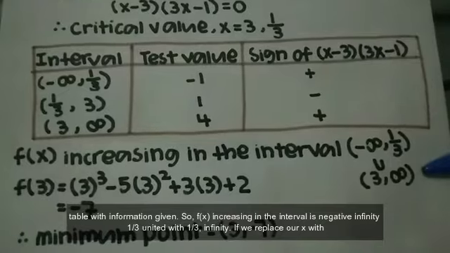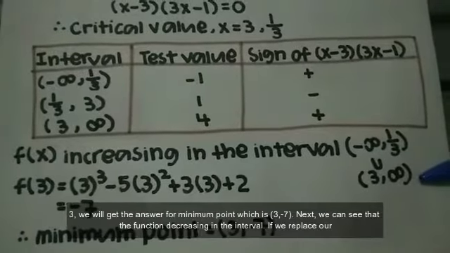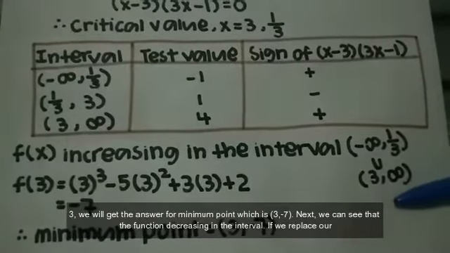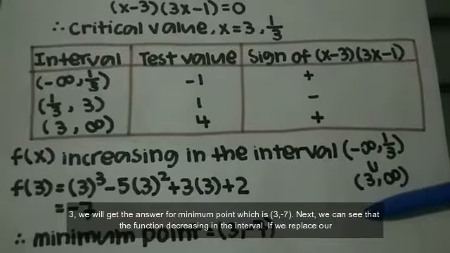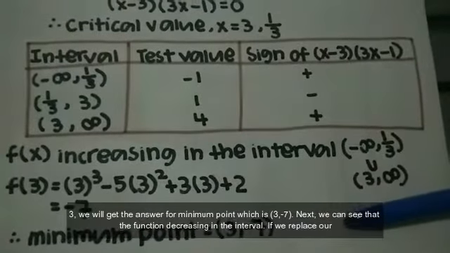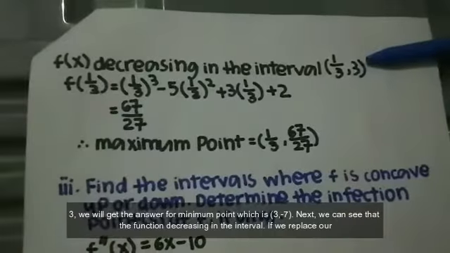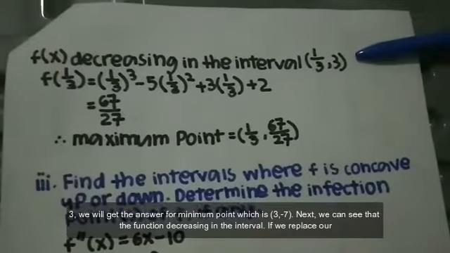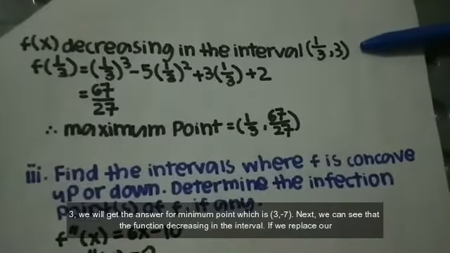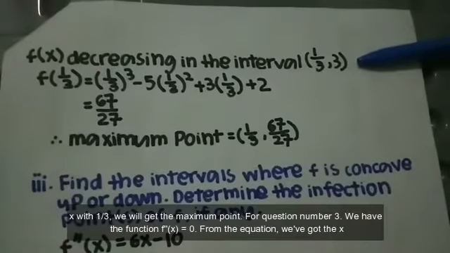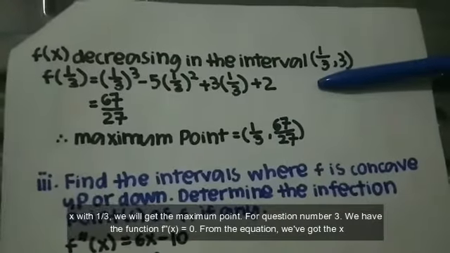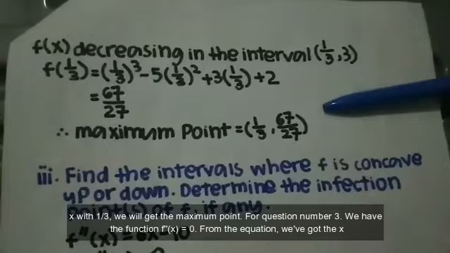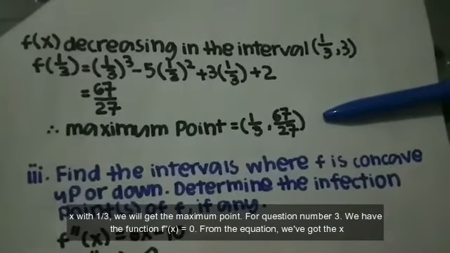If we replace our x with 3, we will get the answer for the minimum point, which is (3, -7). Next, we can see that the function is decreasing in the interval 1/3 to 3 from the table. If we replace our x with 1/3, we will get the maximum point (1/3, 67/27).